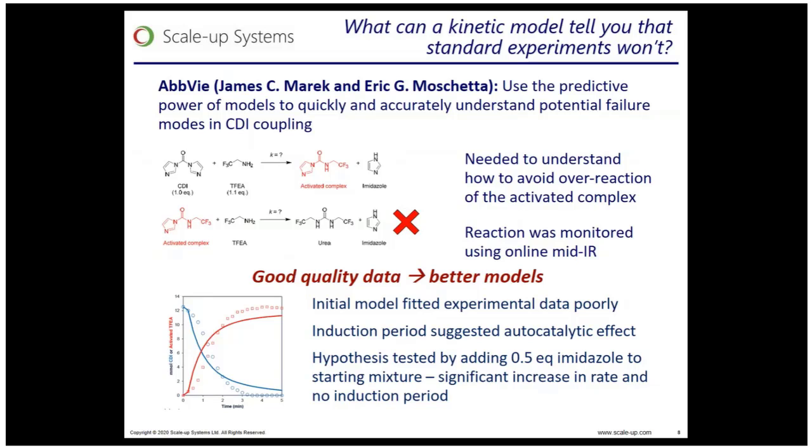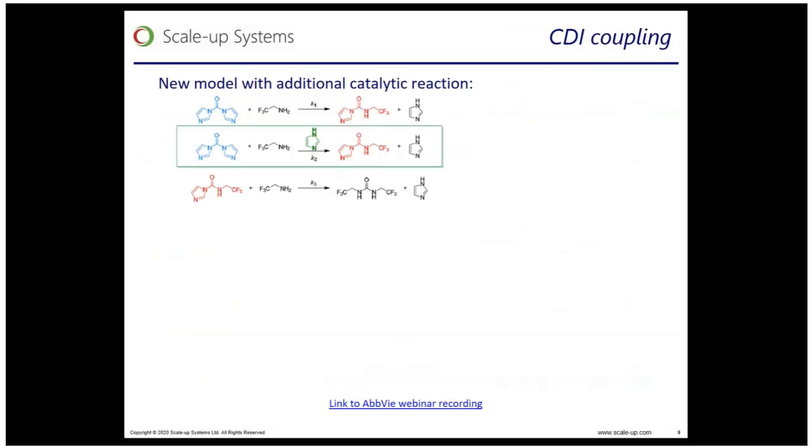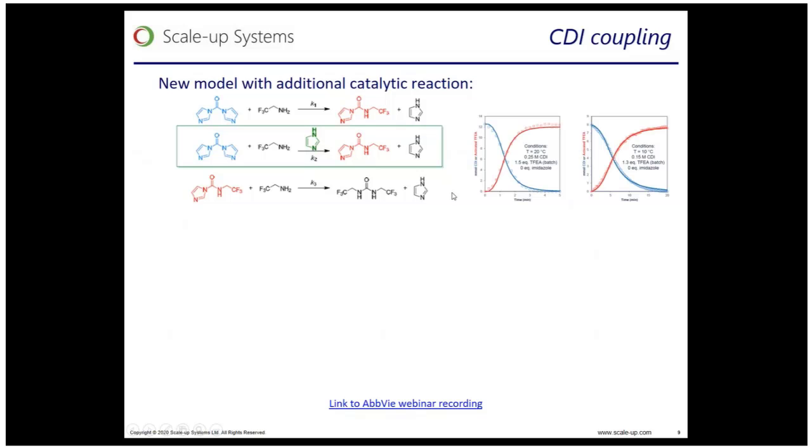They added some imidazole, and immediately they saw that the induction period disappeared. So as a result, based on this one fitting experiment, they were immediately able to build a new model with an additional catalytic reaction step. Now they were saying there was a non-catalyzed reaction, a catalyzed reaction, and then the overreaction. And when they tried to fit the data based on this three-step mechanism, they got much better fitting over a range of temperatures and other reaction conditions.